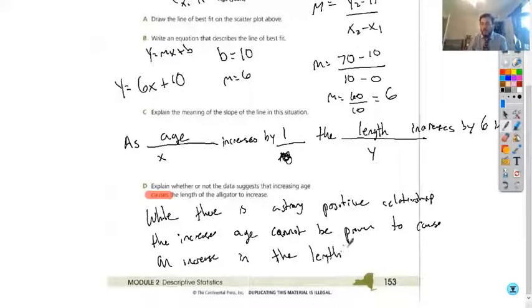So again, we have a really strong relationship there, but we can't show that one is causing the other to increase. We can't prove it. So there is no causation.